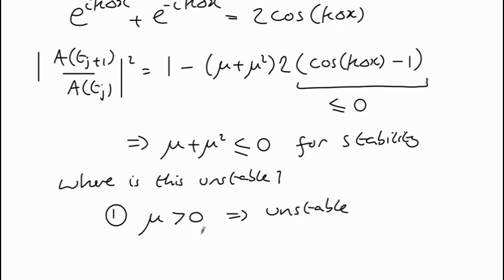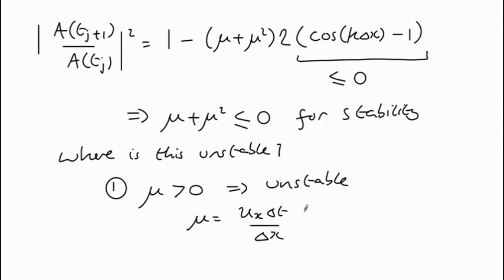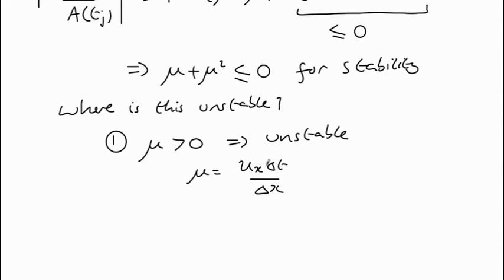And mu is equal to ux delta t over delta x. So if the velocity ux is positive, then this is unstable. And this is just what was shown in the previous video, that u has to be negative for this to be stable. So ux must be less than 0 for stability.